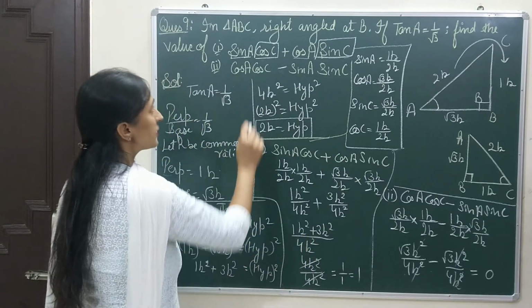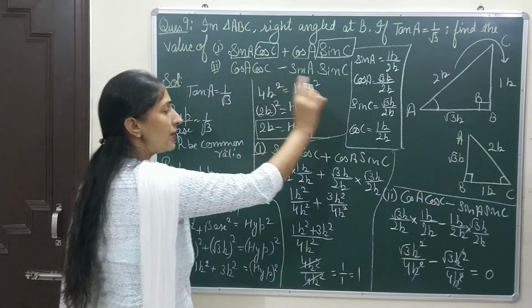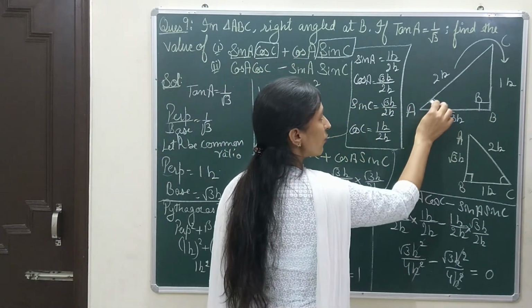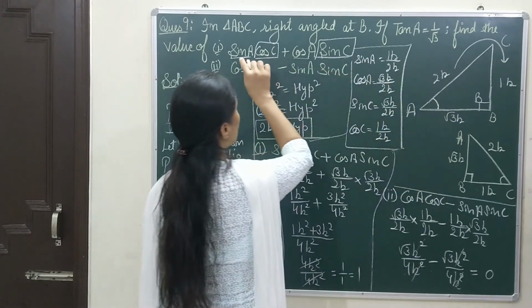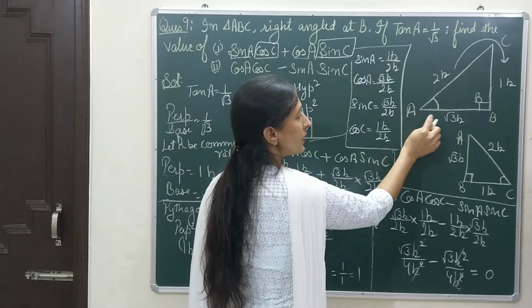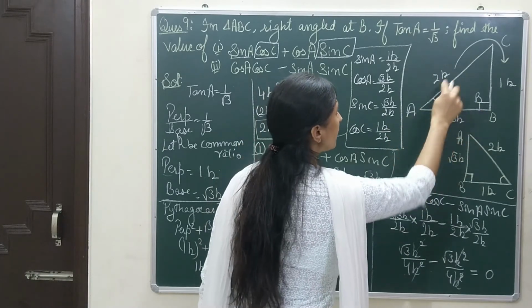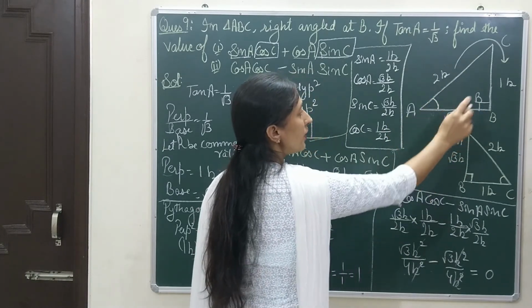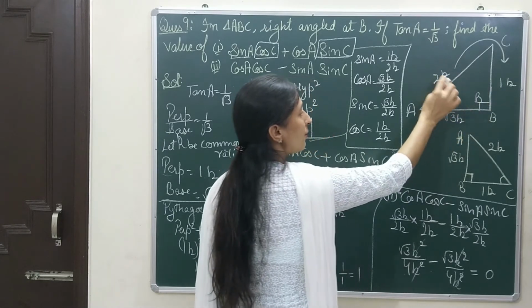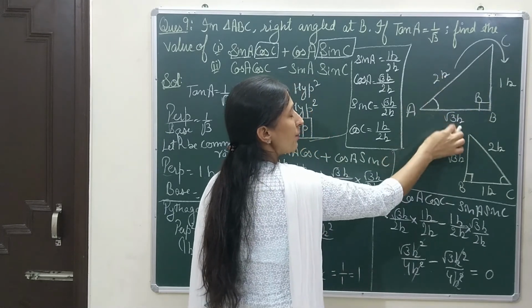But sin A and cos A will be calculated from here, as A is the angle of consideration, and it must be on the base along with B, which is 90 degrees. So I can find sin A and cos A from here, as sin A will be perpendicular by hypotenuse and cos A will be base by hypotenuse.